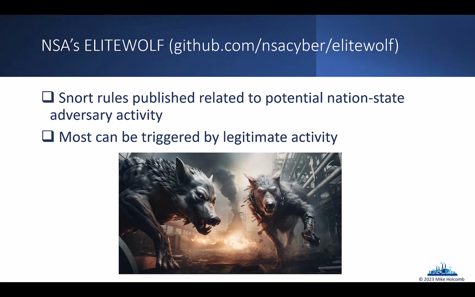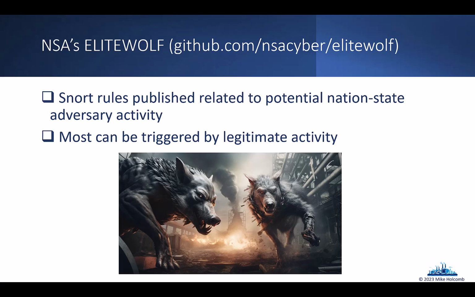Now, the NSA had released, this is probably third quarter of 2023, I think this was actually in response to Volt Typhoon, where the Chinese nation state was found being in critical infrastructure in the country of Guam, as well as in the United States.